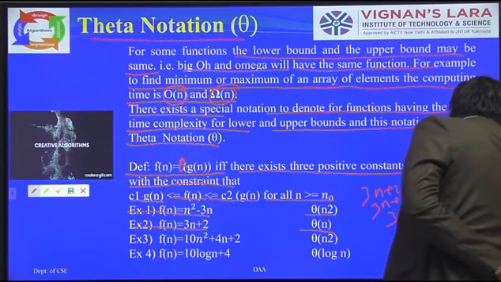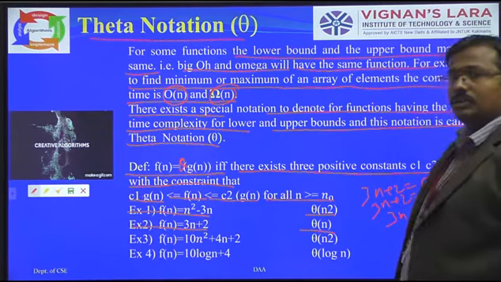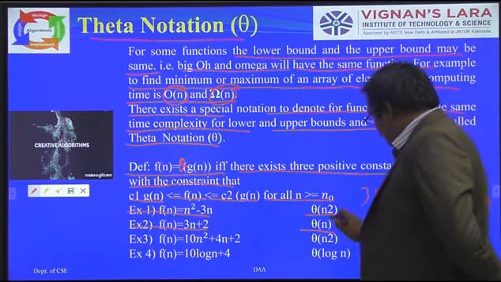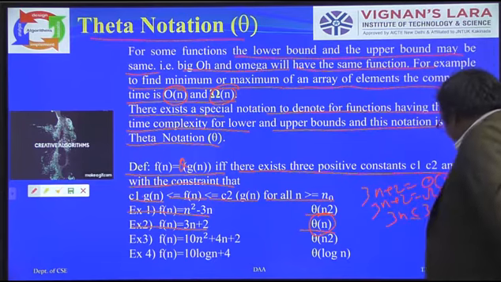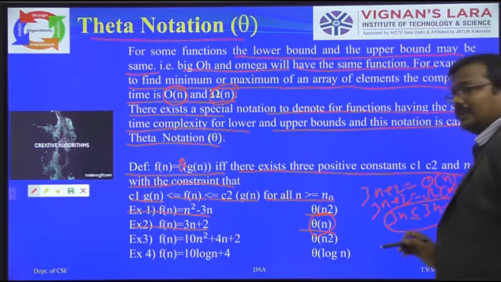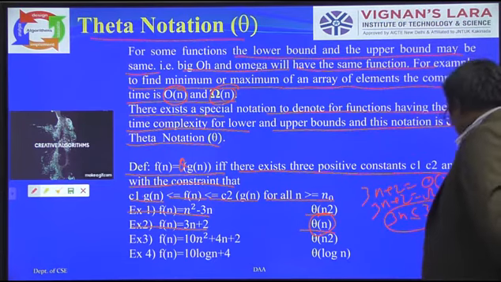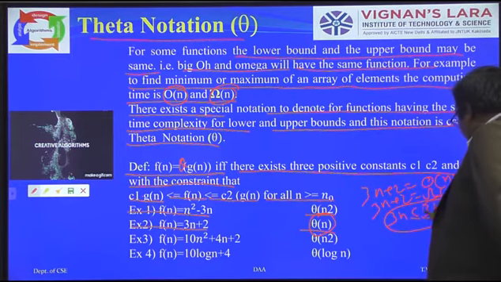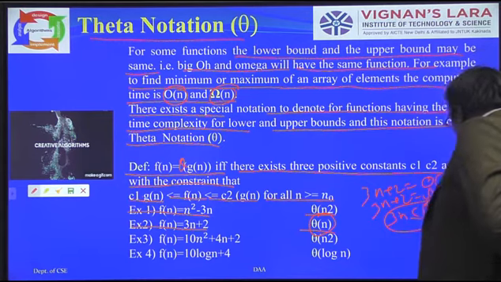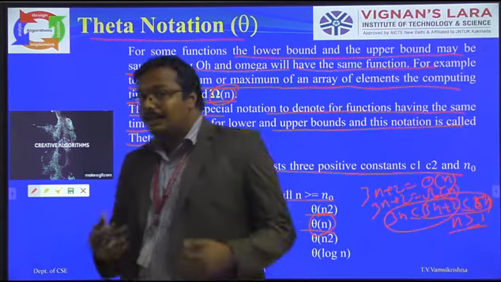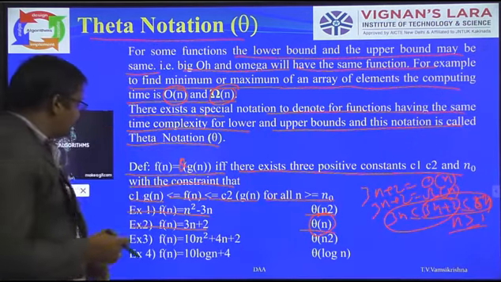This holds true for n greater than or equal to 1. So that's why we say theta of n. This is the kind of implementation we did in case of omega, and this is the kind of implementation done in case of big O. The two things are mapped together, and we prove the theta notation.